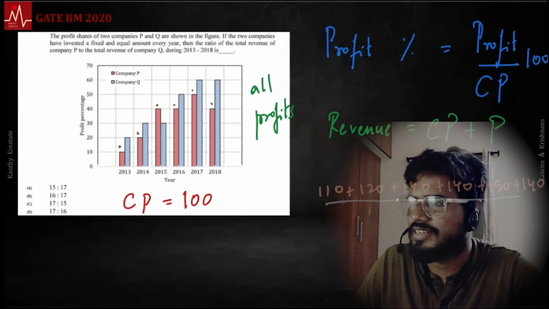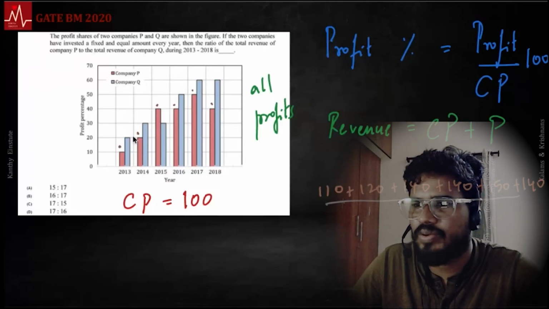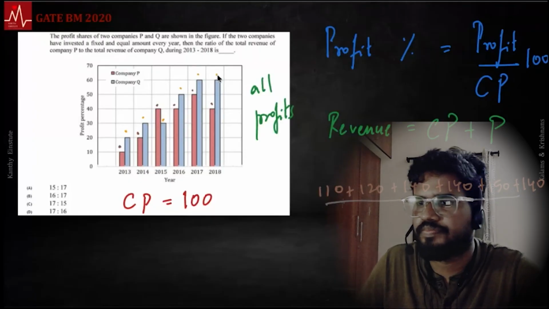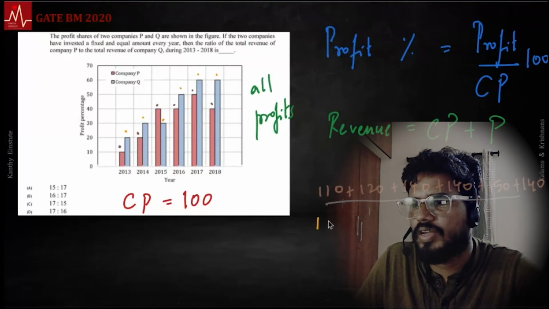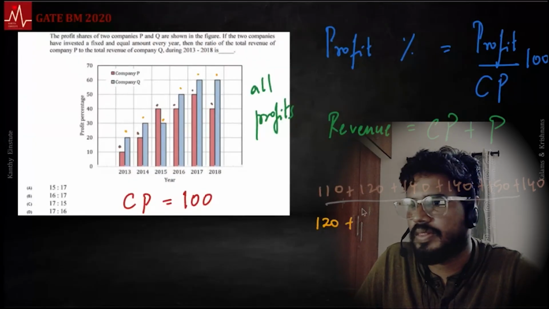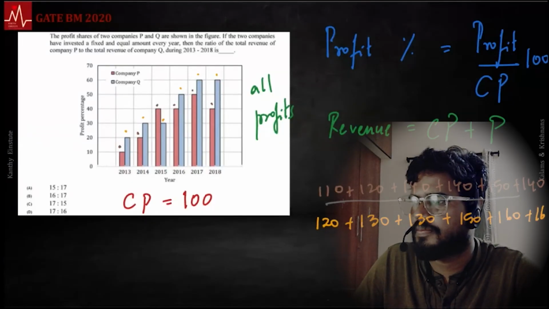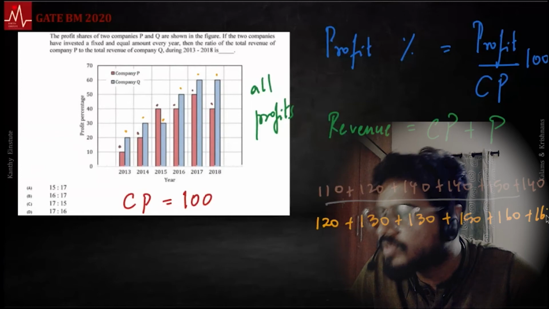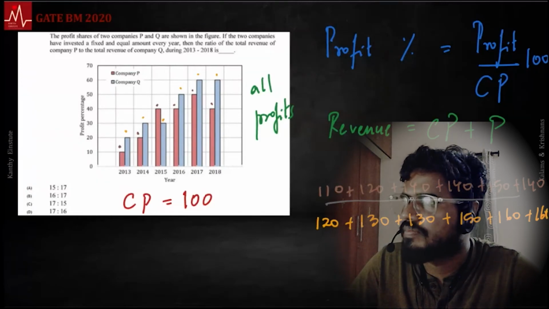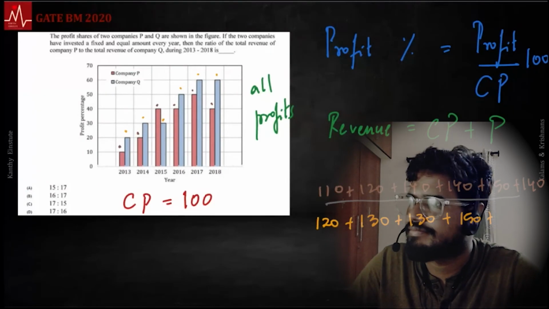And do this in a GATE calculator. Yeah, that also will do. Then I'm going to do all this. That is 120 plus 130 plus 130 plus 150 plus 160 plus 160, into 160.